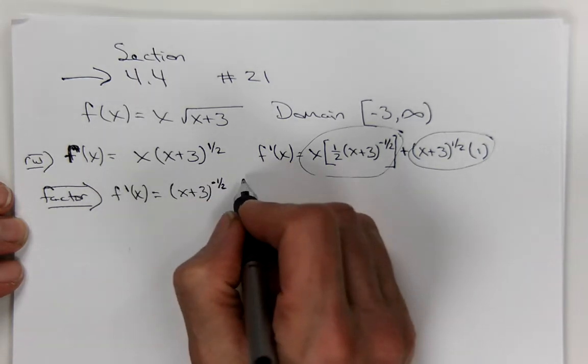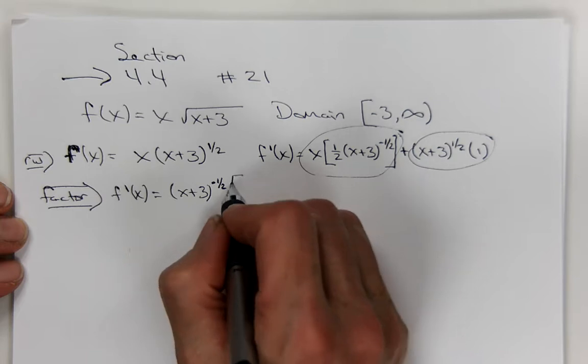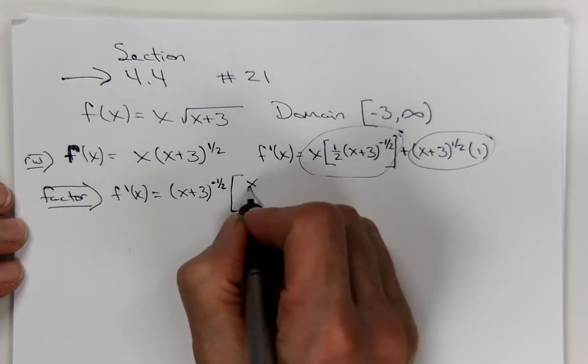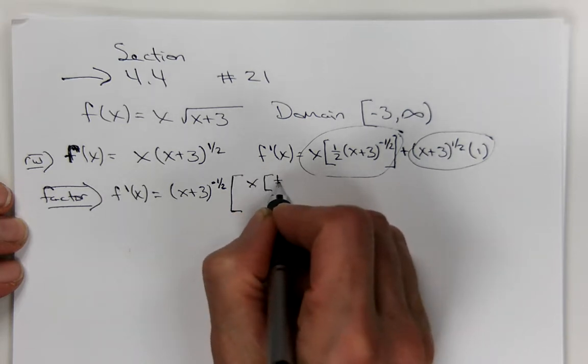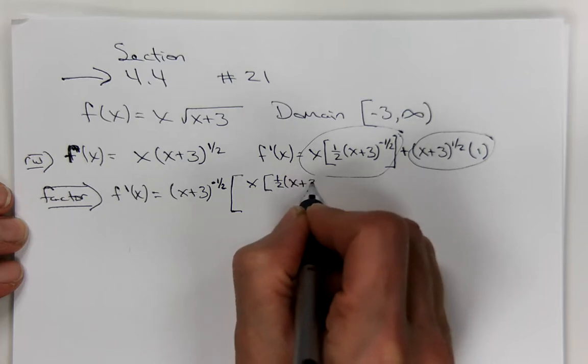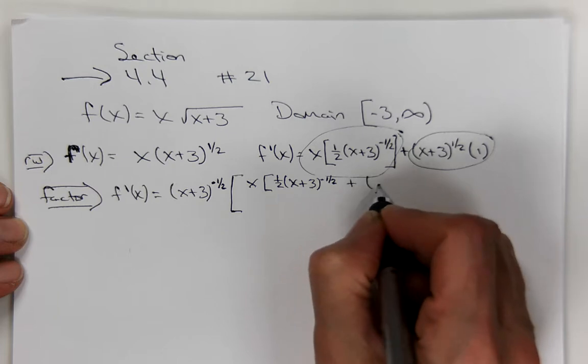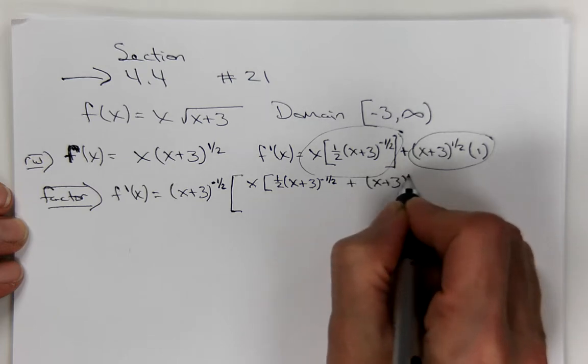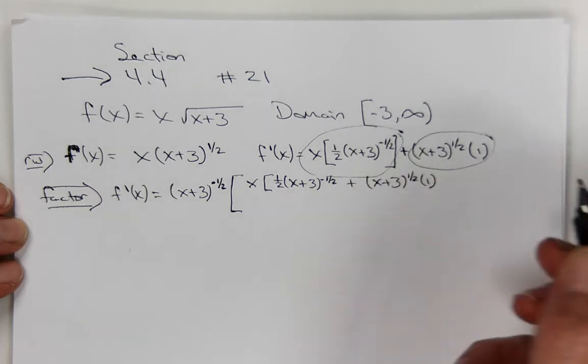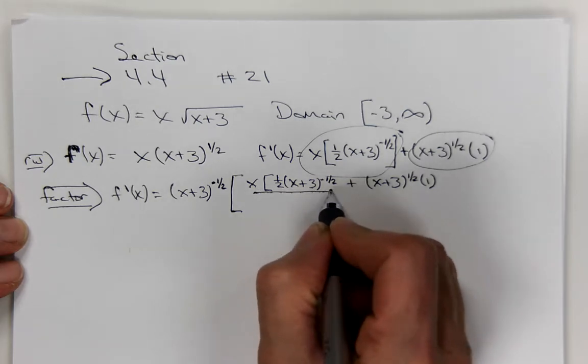And to find out what we get from doing that, we rewrite the original, and we divide by the same thing that we're factoring out.